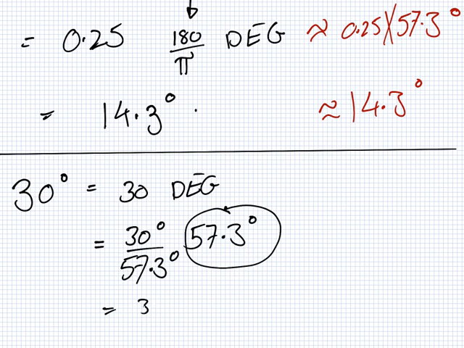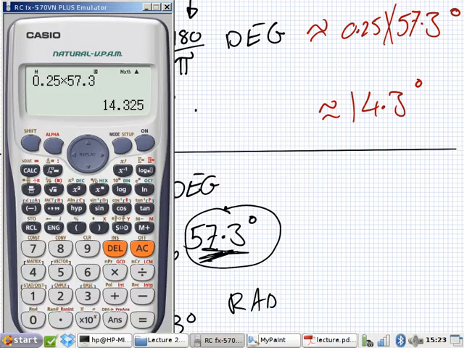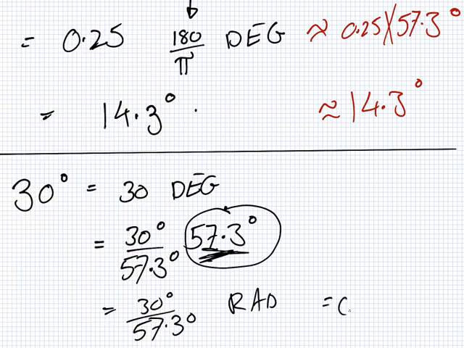So this is 30 divided by 57.3 radians, because this is a radian. So this is a little bit like what you were suggesting about dividing. Anyways, it doesn't matter which way you do it. You'll get the same answer of 0.524 radians.